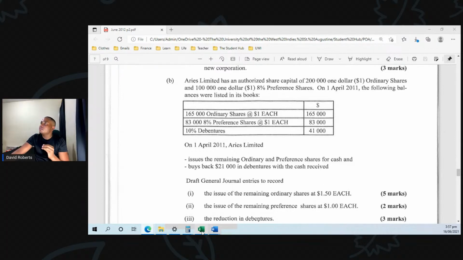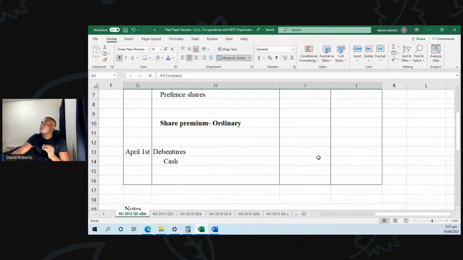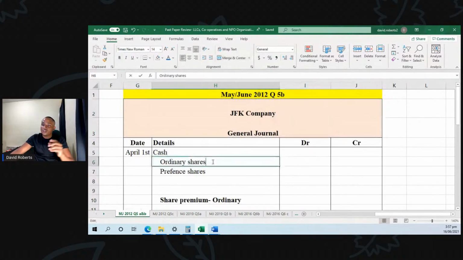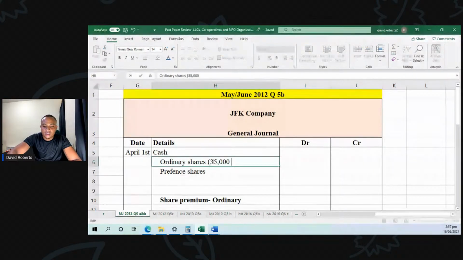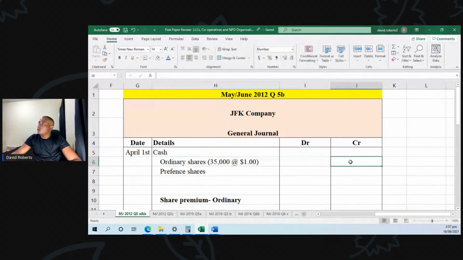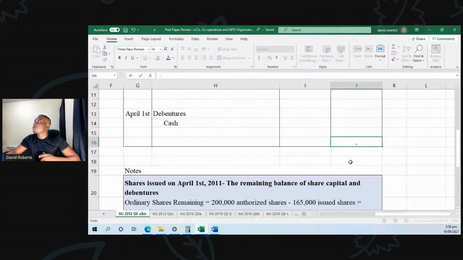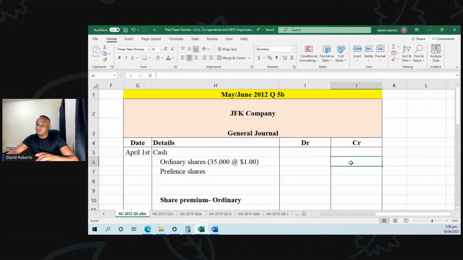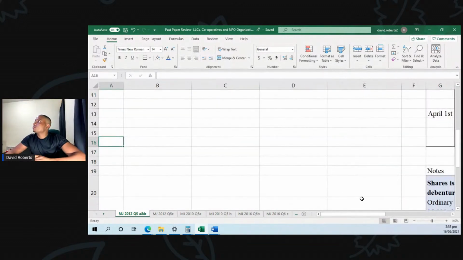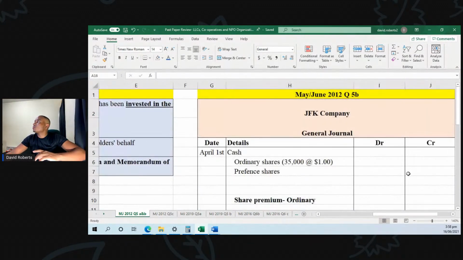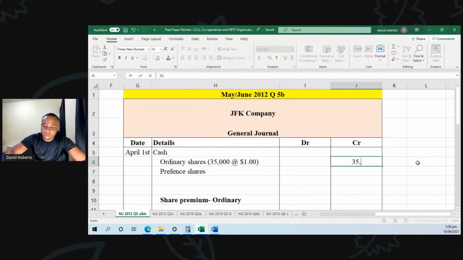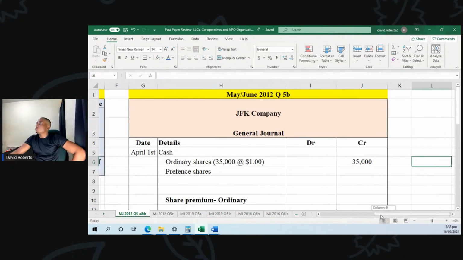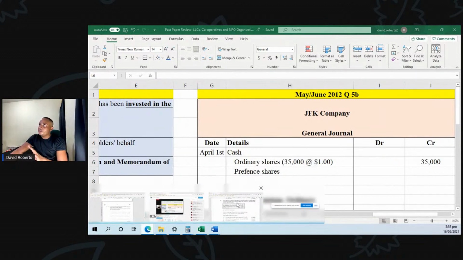They issued the remaining 35,000 shares at $1, and we would credit the ordinary shares with 35,000.